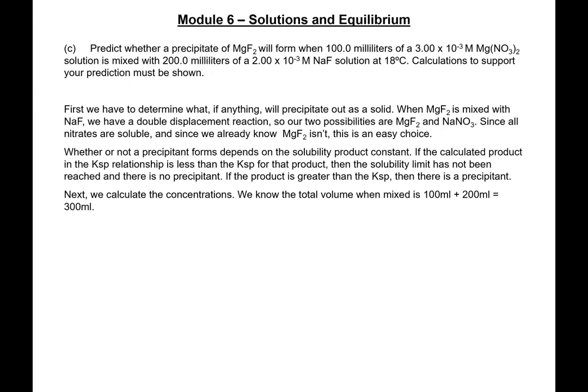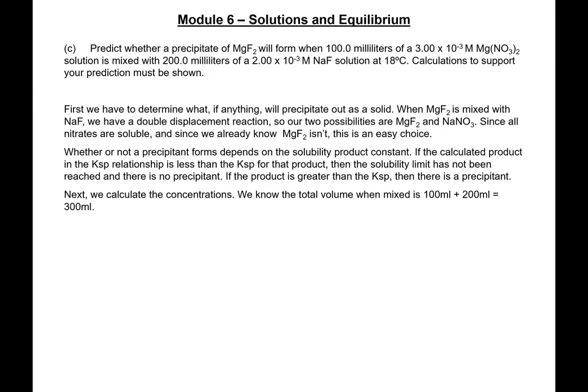So whether or not a precipitant forms depends on the solubility product constant. Now, if we do this calculation and we get a number less than the KSP for that product, then our solubility limit hasn't been reached and we don't get a precipitant, even though we're calculating a thing that might precipitate, its concentration isn't high enough to exceed that solubility limit, so there's no precipitation.